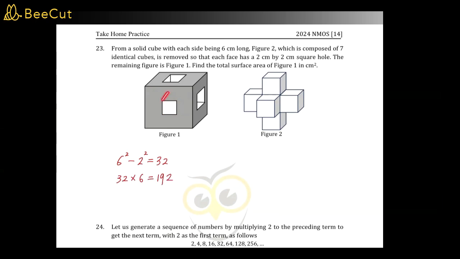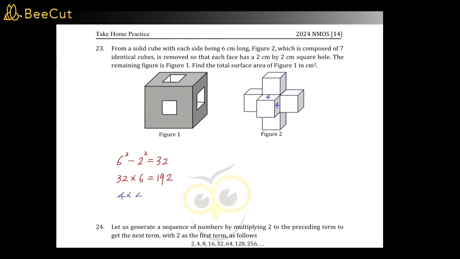Then let's check the inner surface. Okay, there are inner surfaces as well. So we can see it clearer in the second figure. Right, these are the newly introduced surfaces. So for each direction, we have 4 small squares. Each small square is 2 times 2, which is 4 each.